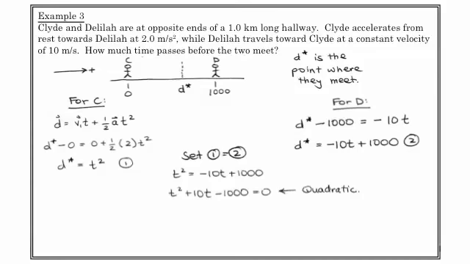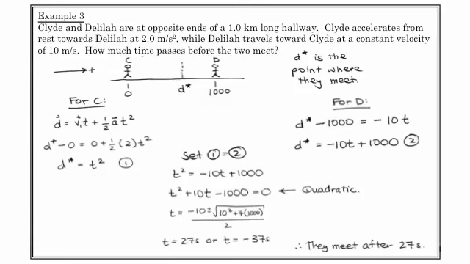And we can use the quadratic equation to solve it. Okay, so subbing in our numbers, here's what we'd get. And of course, we'd get two roots. One of them is a positive root, one of them is a negative root, 27 seconds, or negative 37 seconds. Again, in this case, the negative root does not make sense, so we stick with the positive root. And we say, well, these two are going to meet after 27 seconds.